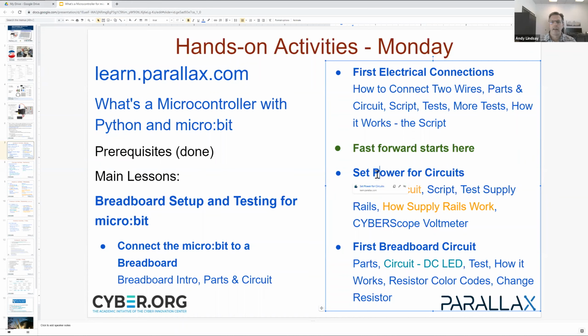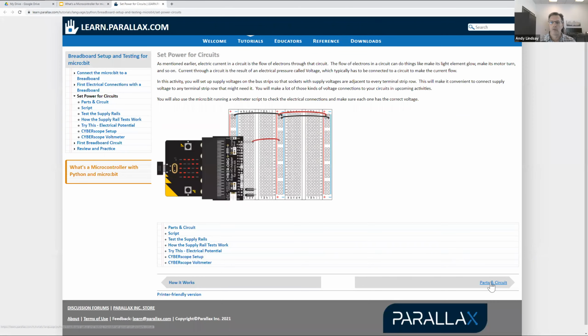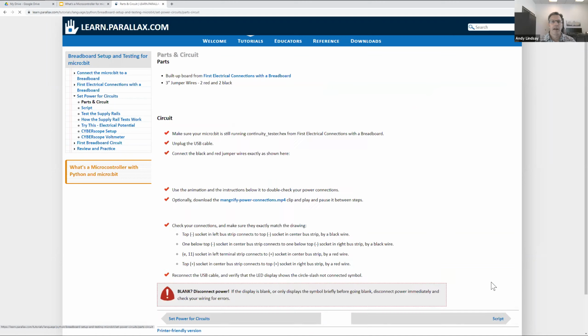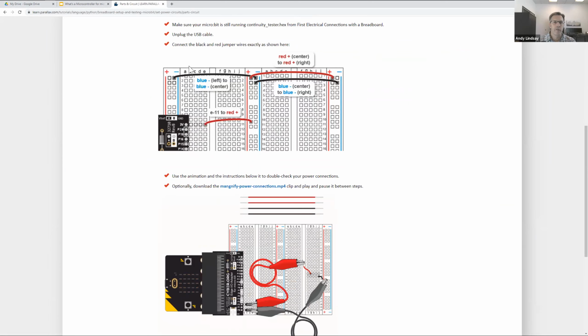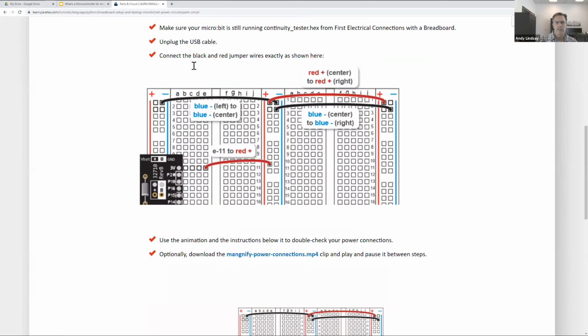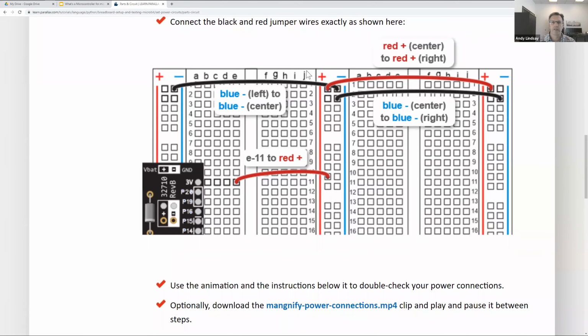Certainly. All right. So setting power for circuits is where we almost made it to. I'd like you all to look carefully at your boards and compare just the power connections. You've got a lot more on there by now than this, but I'd like you to very carefully check and make sure that this red wire here is in E11, and that its other end is right next to the red stripe.